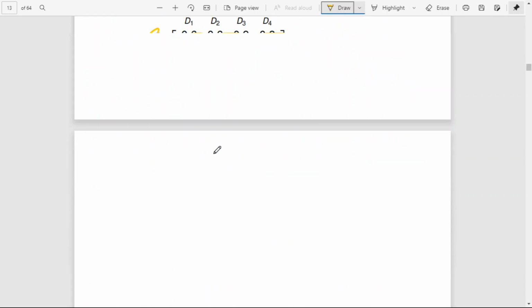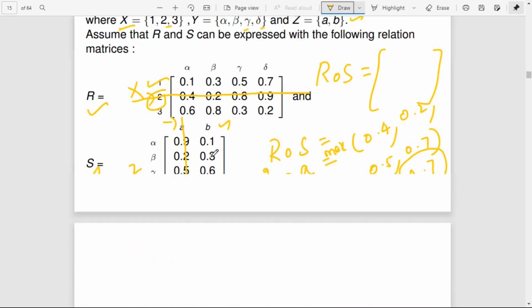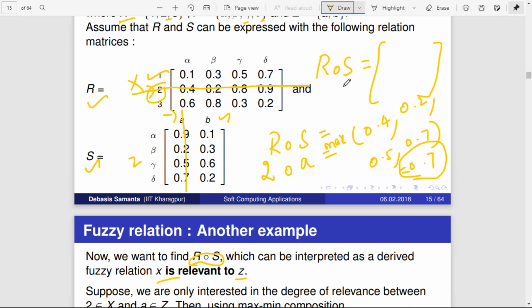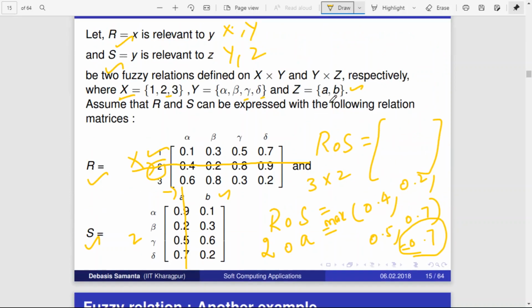Similarly, in this case, if you compute the full R composition S, the resultant matrix will have 3 rows and 2 columns, because this has 3 rows and this has 2 columns. Okay, so that's it. Let us stop here.